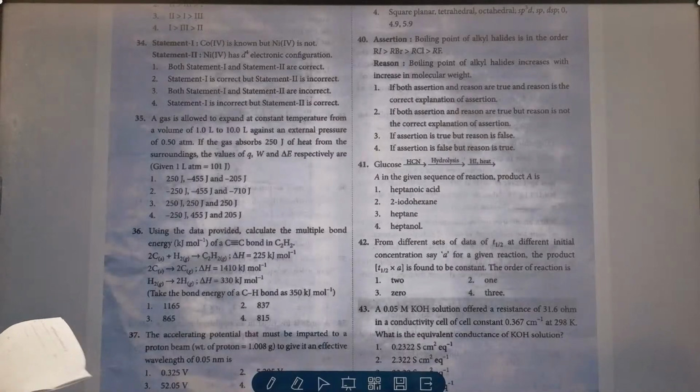Glucose on reacting with HCN and getting hydrolyzed, again treated with HI in presence of heat.